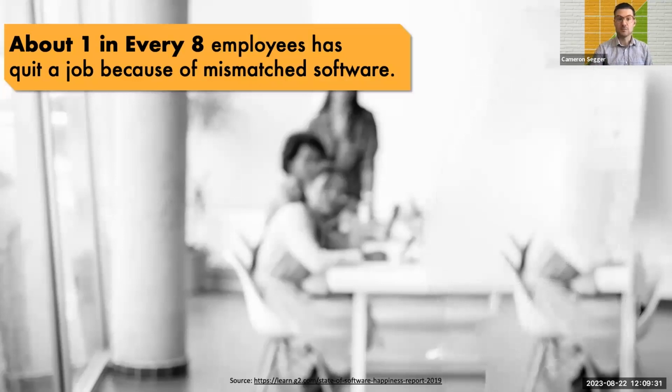And what's worse is, according to those respondents, about 1 in every 8 employees could even quit a job because of mismatched software, which is really an issue we may not have considered before, that the tools for our job really do contribute to our happiness and satisfaction at work. People may leave not just for greater benefits or salaries or location, but also to have the tools that they are happy using.